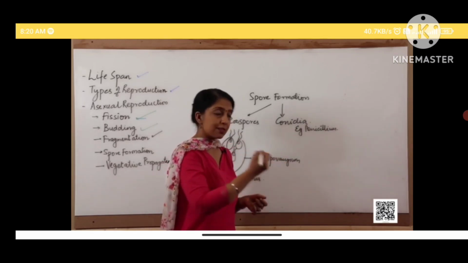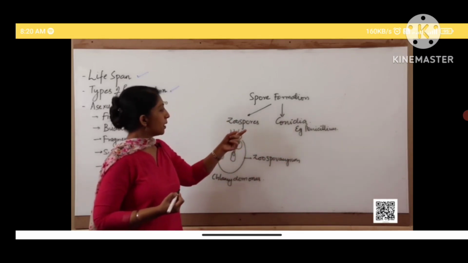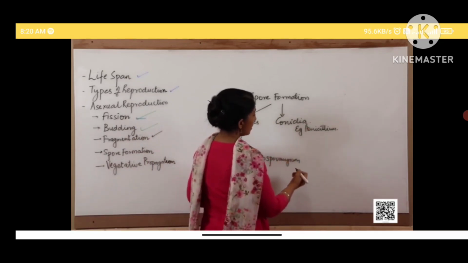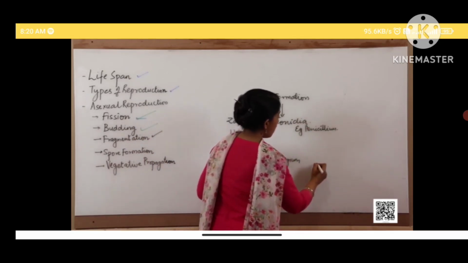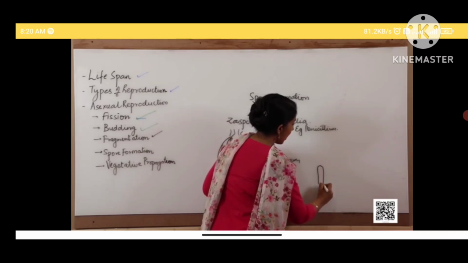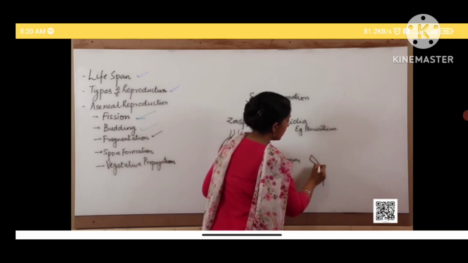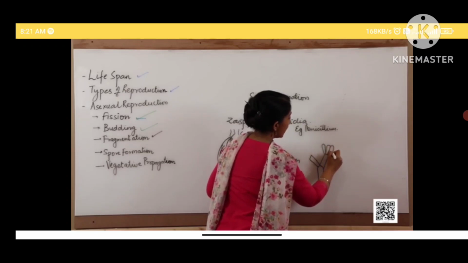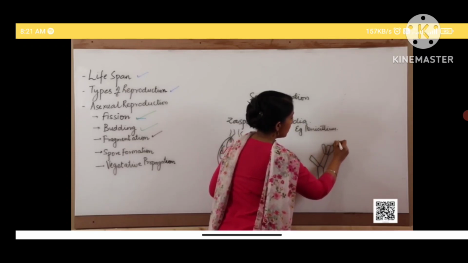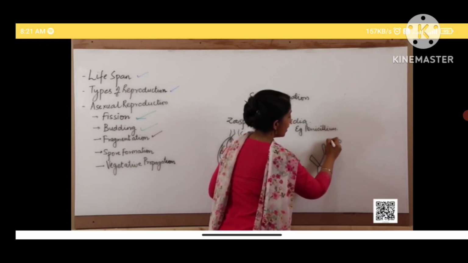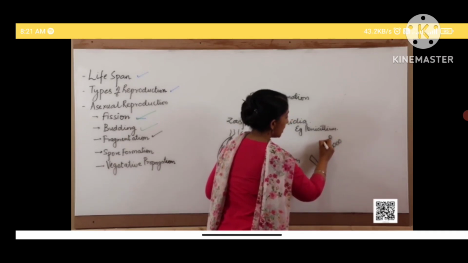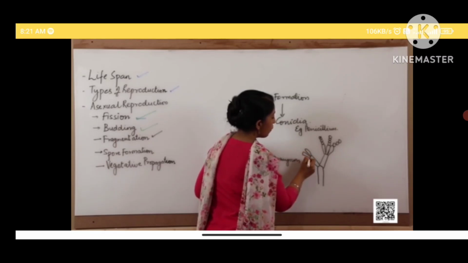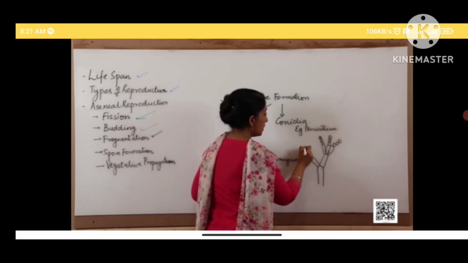You must have read about it in your previous chapters or previous classes. So conidia, now how do they help in dispersal? The conidia are formed on specialized hyphae which are known as the conidiophores. These conidiophores give rise to the conidia. In certain species, these conidia are formed in chains, and in some others, they can be formed terminal also and single also.